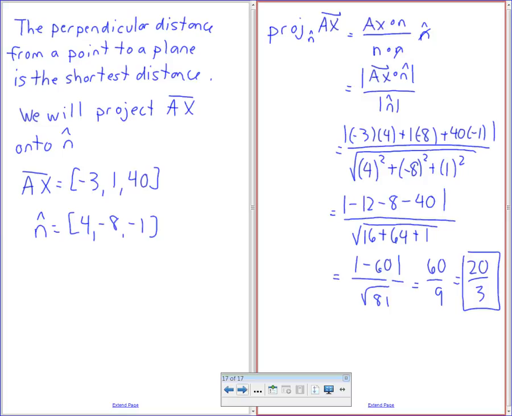Now, if you care, which you probably don't, I chose a different point on my example here, saying X, which is good. So the neat thing is you can pick any point on the plane. If you want one question to put a star and a heart beside, it's going to be this one. If you want a second question to put a star and a heart beside, it should be the previous two when you're converting from different types of planes. But I like this question, hint, hint, nudge, nudge, wink, wink.